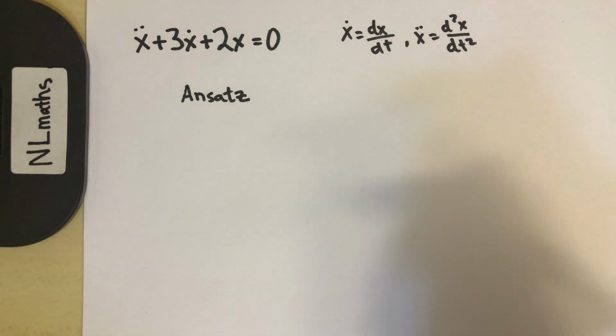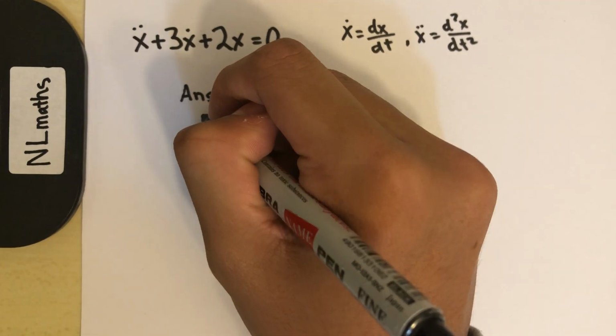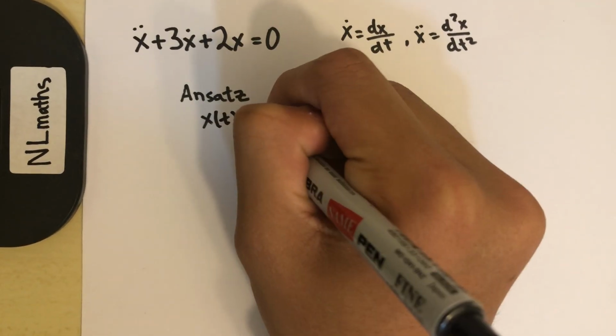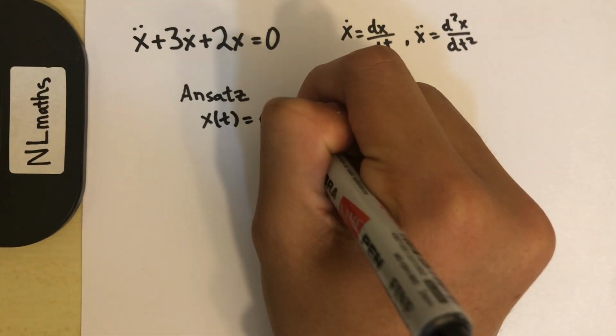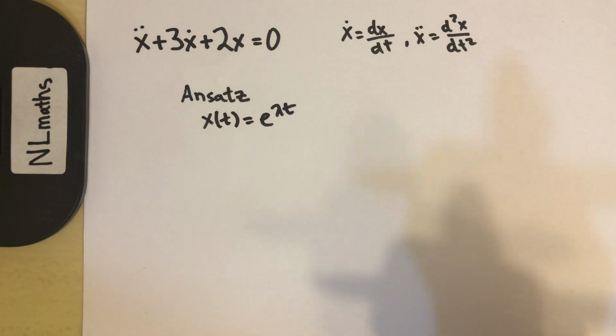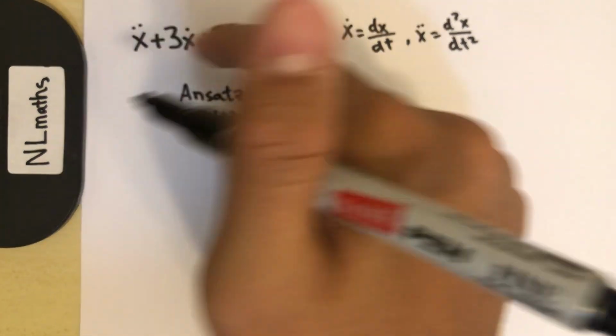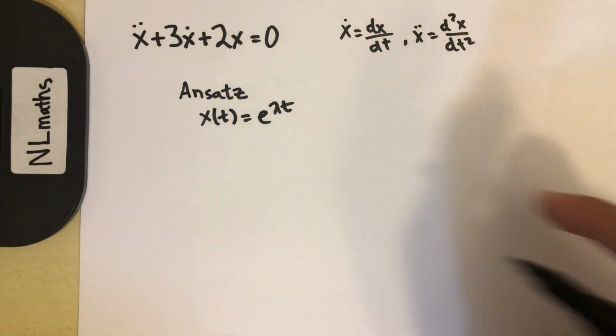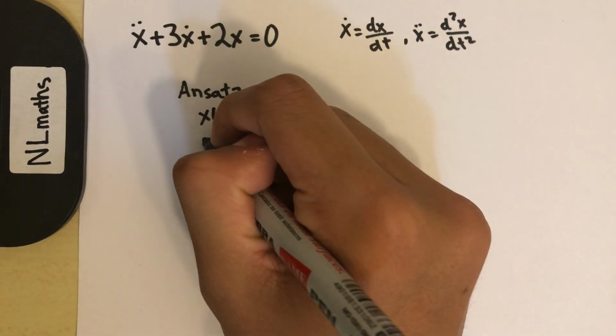Well, I'm going to guess perhaps x of t equals e to the lambda t. So maybe something like that, because if you take the derivative of e to the lambda t, it's going to be lambda times e to the lambda t. So since this differential equation, we're going to derive these, the first and second derivative.